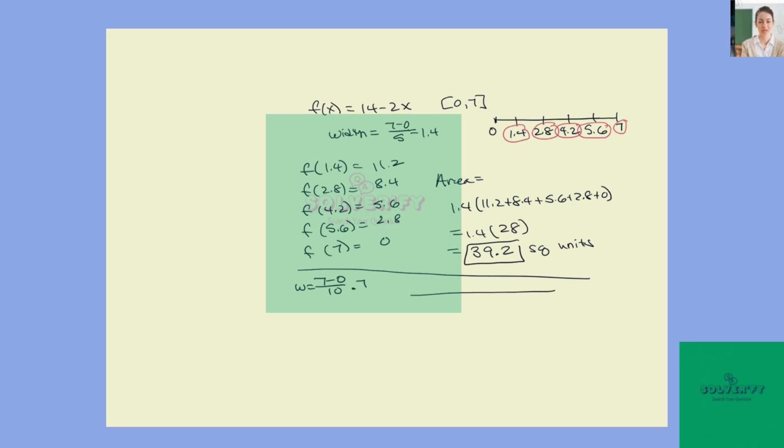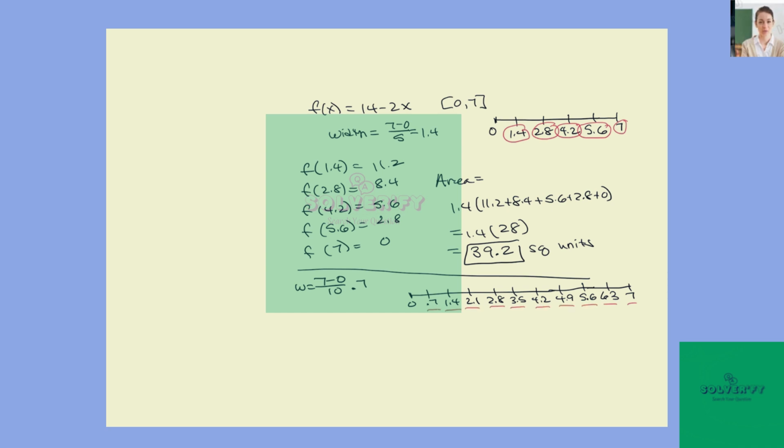So I'm going to make another number line, 0, 0.7, 1.4, 2.1, 2.8, 3.5, 4.2, 4.9, 5.6, 6.3, and 7.